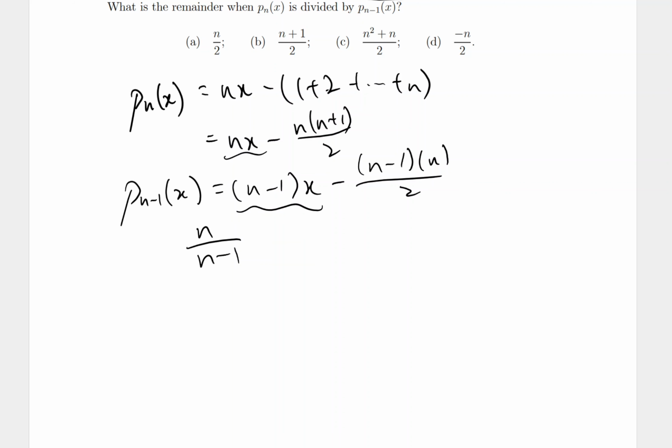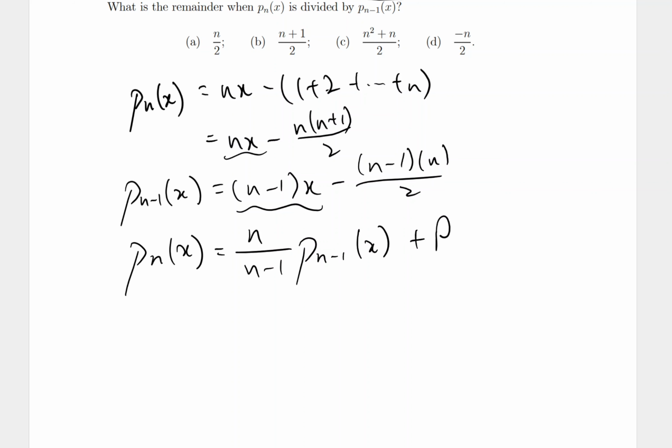So you know that Pn of x equals n over n minus 1 of Pn minus 1 of x plus some remainder, which is what the question wants, because it's asking what is the remainder. So we just need that remainder.